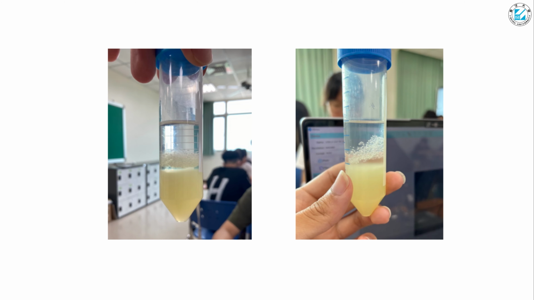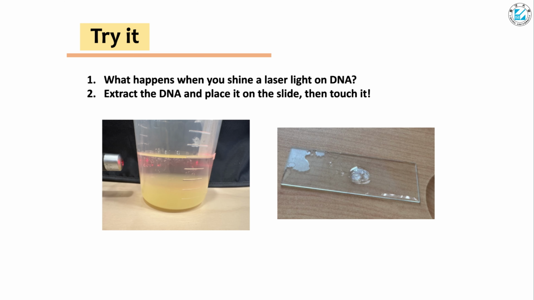Okay, try it. Now, use your laser. See how the beam scatters when it hits the DNA? That's the physical structure interfering with the light. Finally, pick some up and touch it. It's lively and stringy, right?